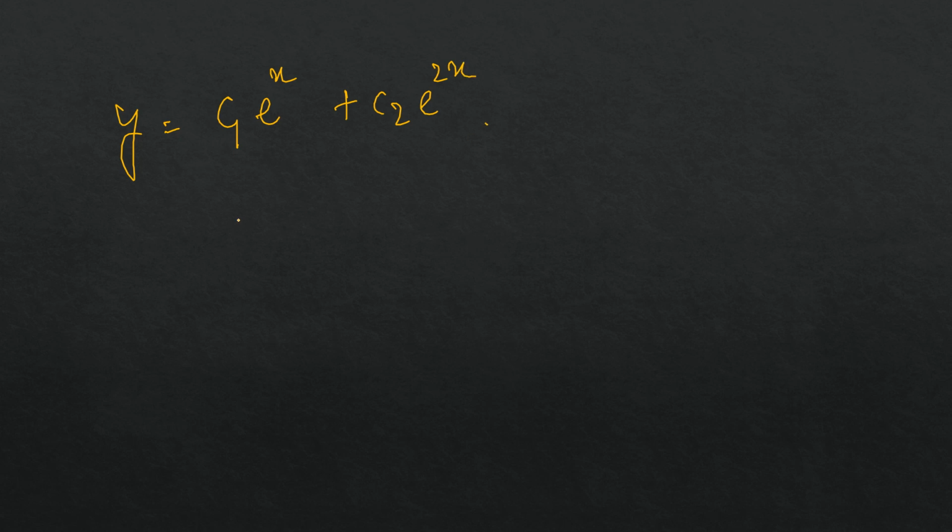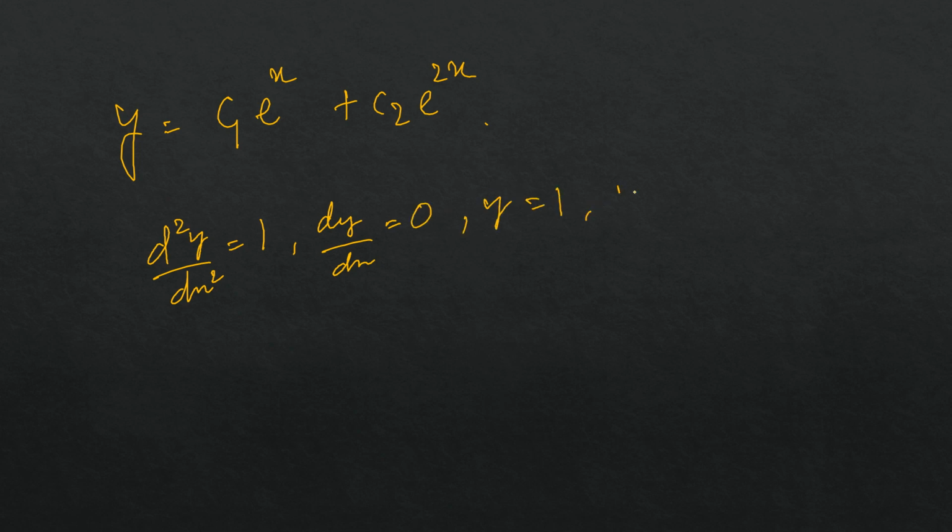Okay, what is also given in the question? d square y by dx square is equal to 1, dy by dx is equal to 0, and y is equal to 1 when x is 0. So let's put x is 0 here and y will be 1 equals c1 plus c2. This is one equation.